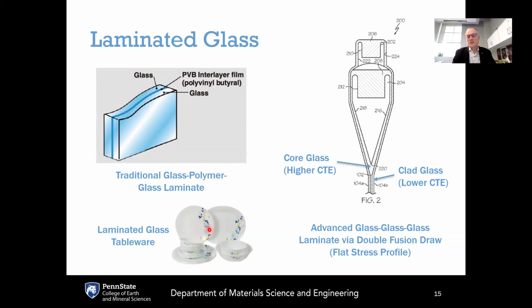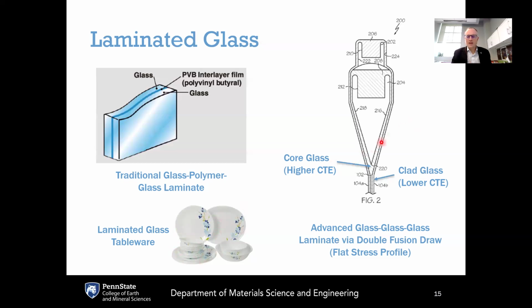And so that's why these laminated glass dishes have been so popular, so that they have much higher strengths compared to traditional tableware. And also because of their design, you can have all types of different designs that can be introduced as well. So they're aesthetically pleasing, mechanically strong, and relatively inexpensive to produce. They've got a lot of great properties going for them.